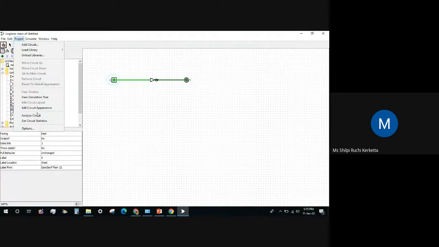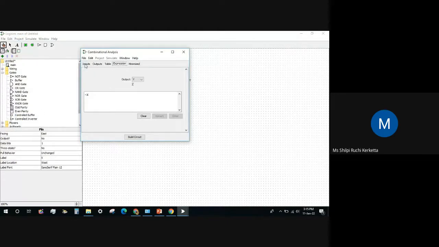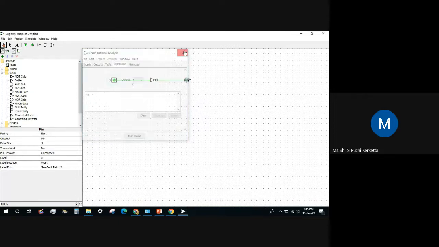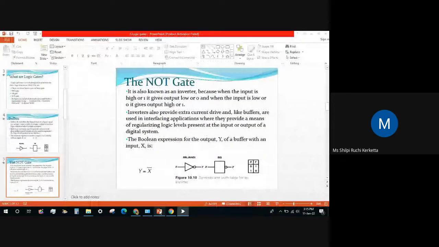So we will analyze the circuit. Here is the input X, output Y, and here is the truth table. For 0 we are getting 1, and for 1 we are getting 0. And this is the expression. For Y it is X bar, or this is a representation of X naught. So we have completed this NOT gate.